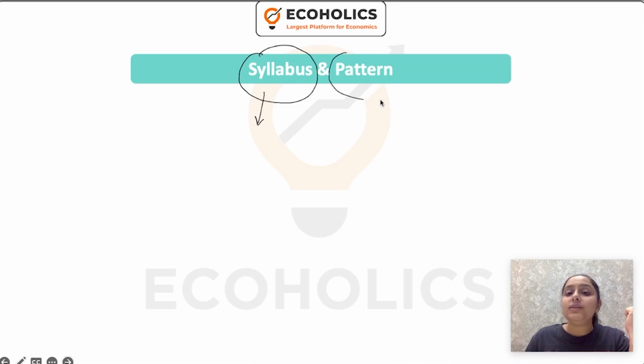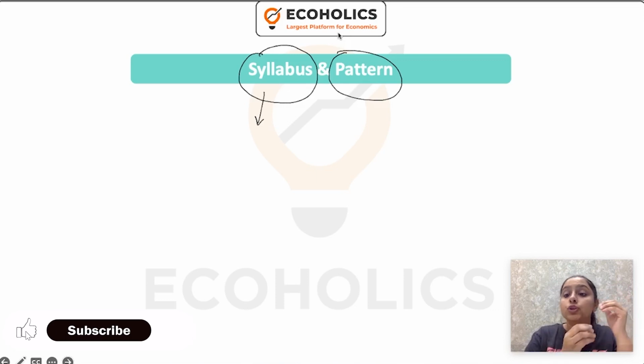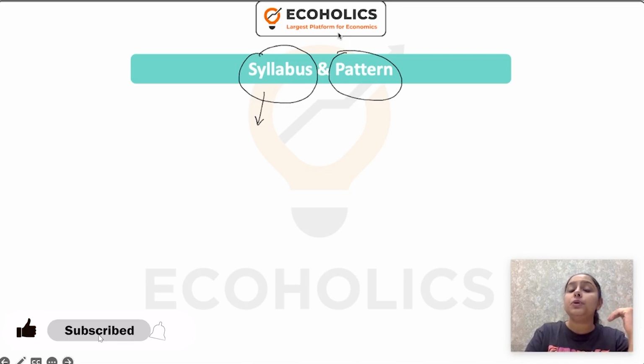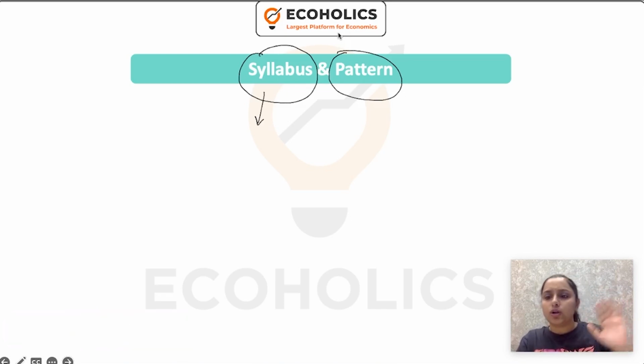In GE1, 7 marker, 18 marker, 25 marker questions come up, but in GE2 and GE3, Indian economy, it goes to 5 marks, 15 marks and 20 marks. So if I'm studying a particular topic in microeconomics, I think only a 5 marker or 7 marker question can come from here, and not a 25 mark question.